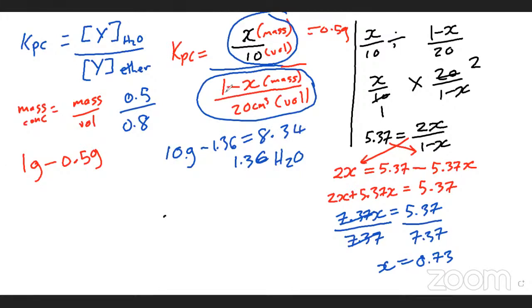It's the same thing here. It would be like 10 gram minus 1.36. Oh, okay. Yeah, so x is the mass of the solute in the water. But remember, we don't know what the mass of it is. That is why we are just using x to represent it. Understand?